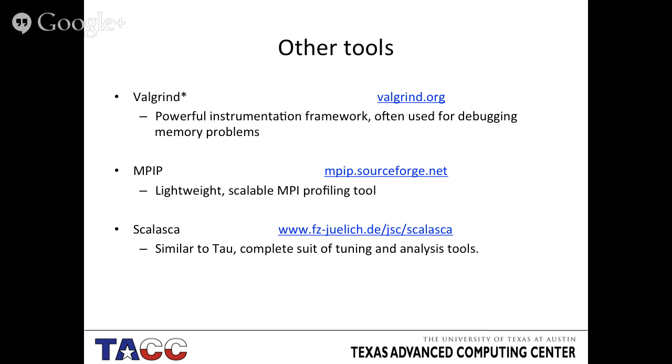Another one that is very powerful is Scalasca, which is very similar to TAU. It's a little bit easier to use than TAU, but the results that you get from TAU are better. Okay, we don't have Scalasca in our system. Okay, and that's it.